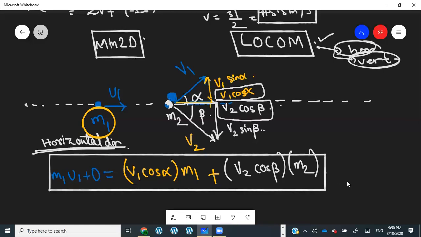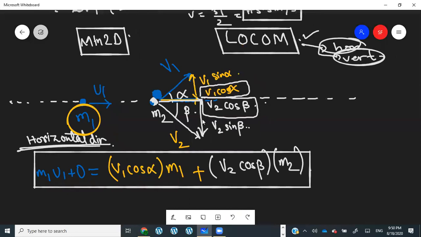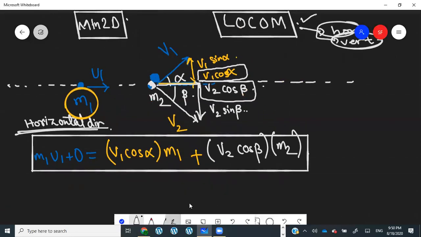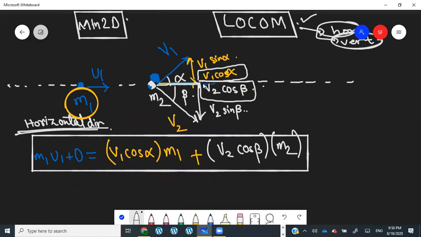What about the vertical direction? Well, in the vertical direction, the momentum in the upward direction and the momentum in the downward direction are equal to one another, because they are opposite to one another. Initially, was there any momentum in the vertical direction?